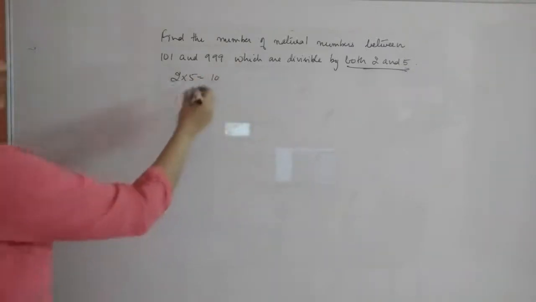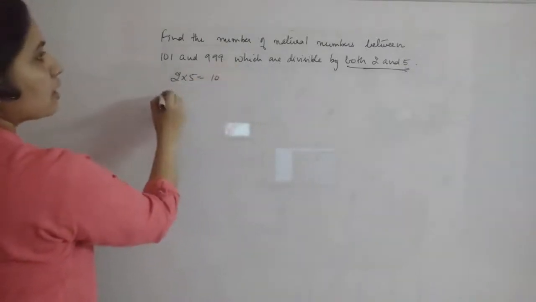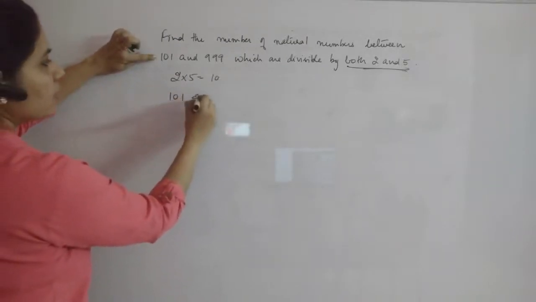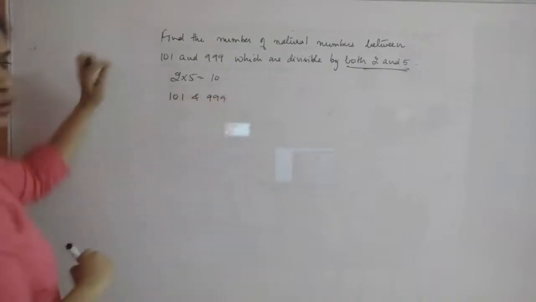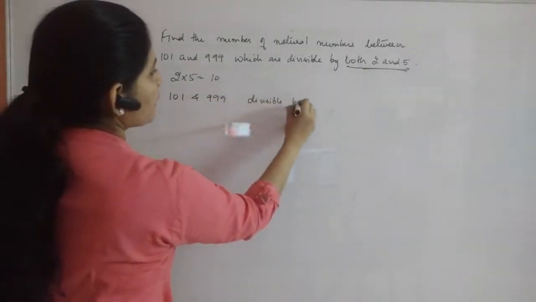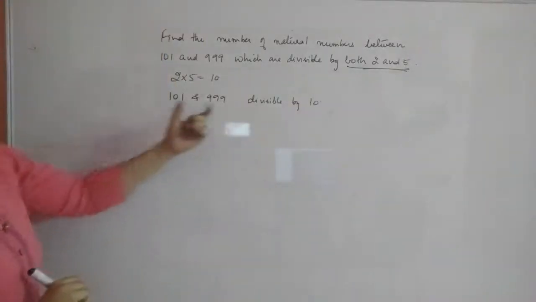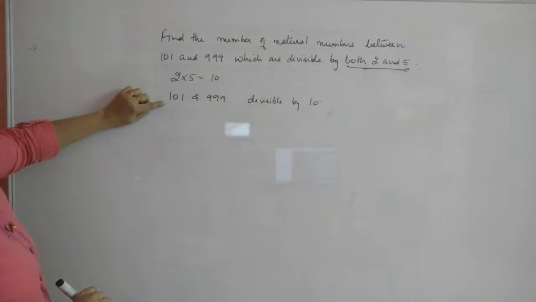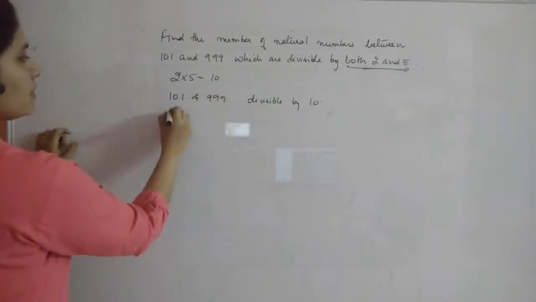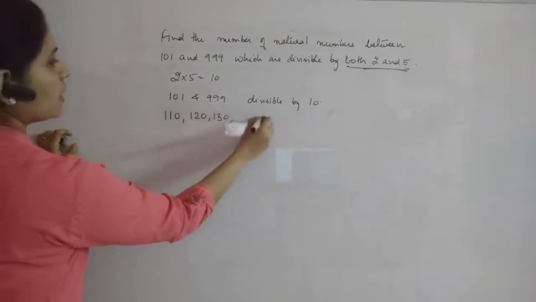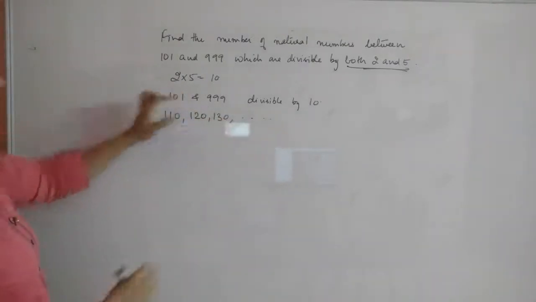Okay, so you have to consider those natural numbers which are from 101 to 999 divisible by 10. So when it is divisible by 10, first number which will be starting from this, if we see, the first number will be 110, 120, 130, etc., and the last term will be 990.